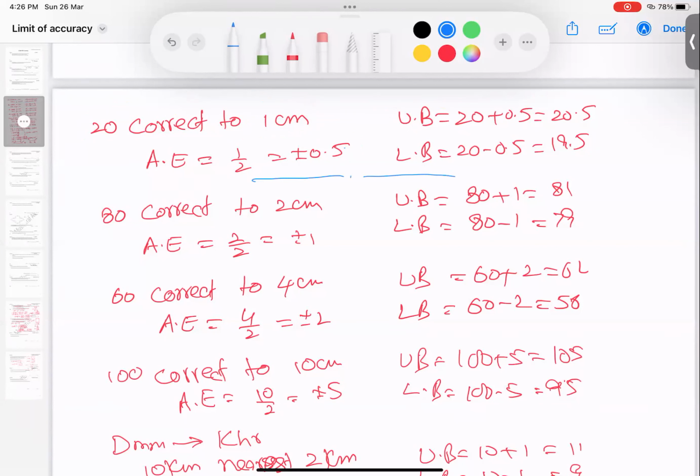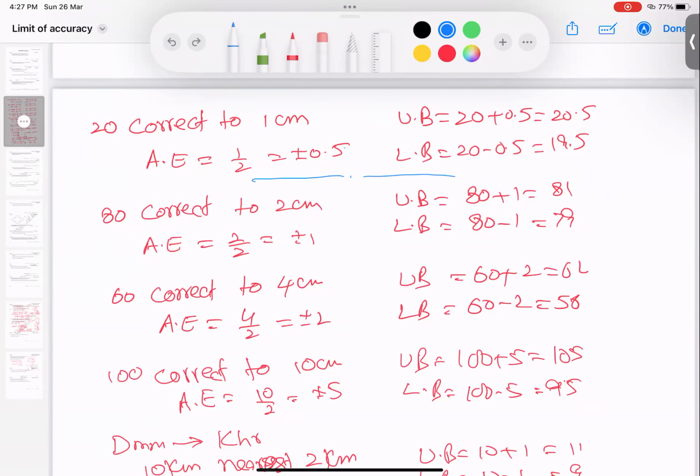Let's talk about the second example. The first question was 20 centimeters correct to 1 centimeter, we did it. Now, for example, I say 80 correct to 2 centimeters. Then what you will do, divide this 2 centimeters by 2.